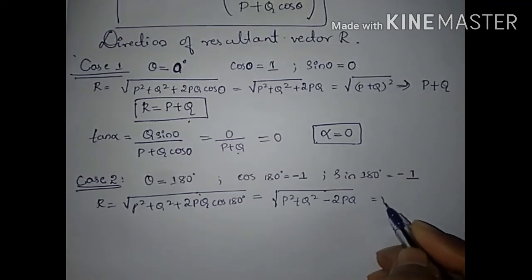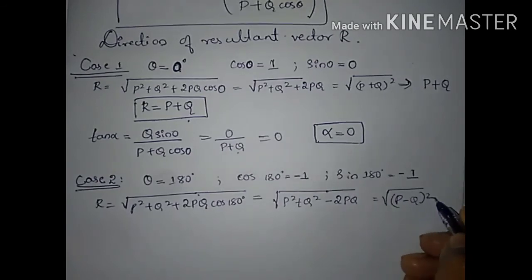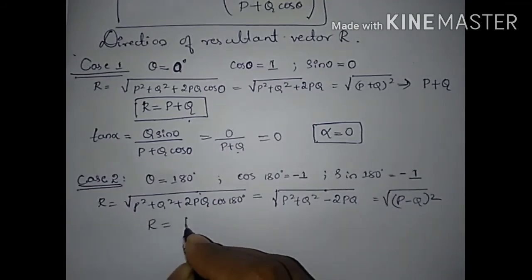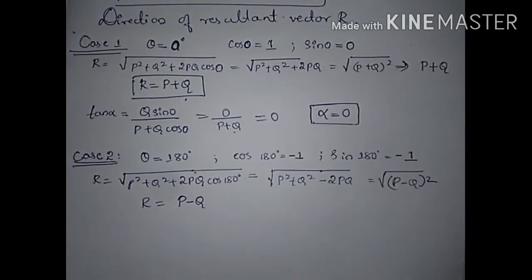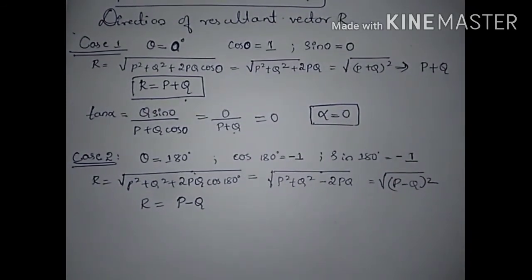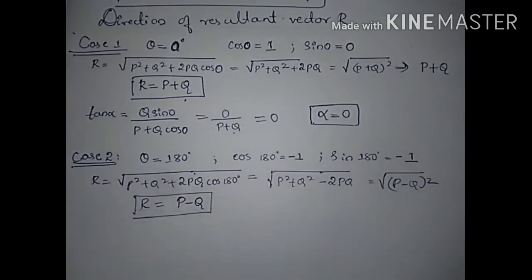This is root of P minus Q whole square, that gives R is equal to P minus Q. So when the angle between Q and P is 180 degrees, the resultant vector is just the difference of the individual vectors, that is P minus Q.